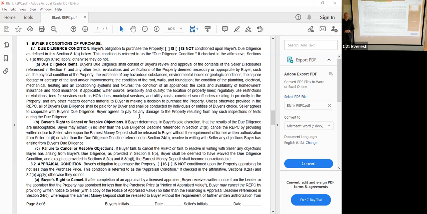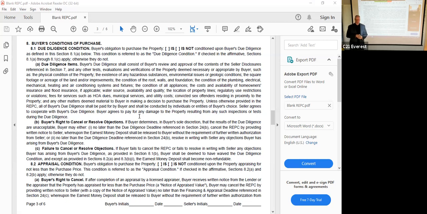If you make an offer that waives your due diligence, so your first part, due diligence, buyer's obligation to purchase the property is or is not conditioned upon the buyer's due diligence. If you waive this, let's say that I waive this condition because I have a cash buyer and they want the property, they're going to buy it right out of the gate.